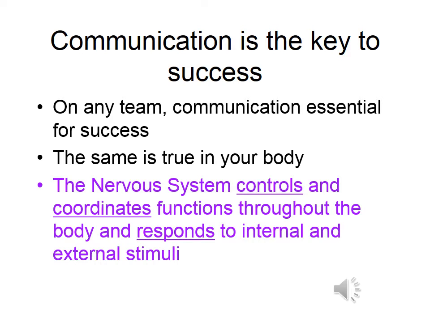The nervous system in our bodies controls and coordinates the functions throughout the body in response to internal and external stimuli. So if your body gets hot, it produces sweat. It will coordinate efforts to produce sweat, or it might tell you to tell Miss Torres to turn up the air conditioning.